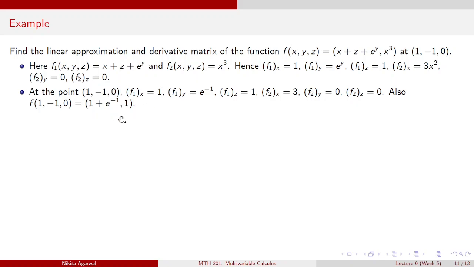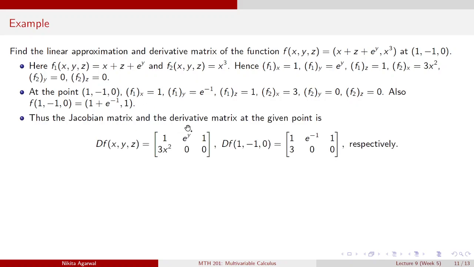It has 2 components. So the Jacobian matrix is given by, remember the size of the matrix is 2 cross 1, I'm sorry, 2 cross 3, right? 2 is the range, 3 is the domain, 2 cross 3. First row is the partial derivatives of f1, the first component, with respect to x, y, z.